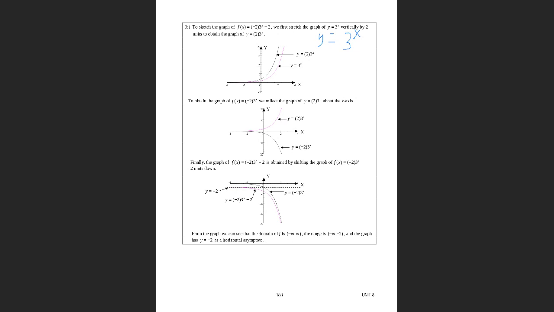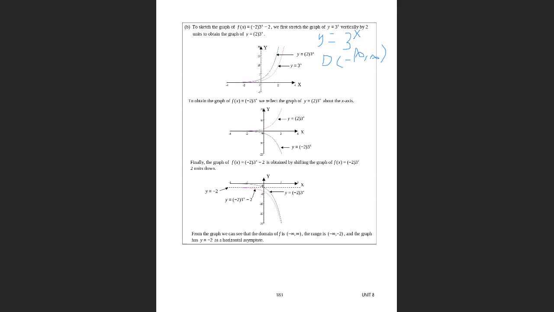In that case, your domain will still remain from negative infinity to positive infinity.